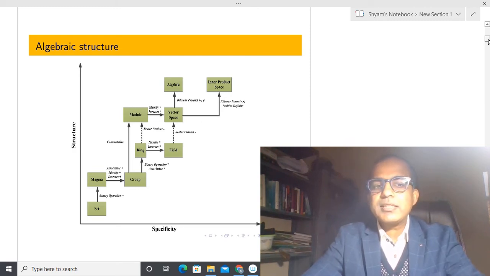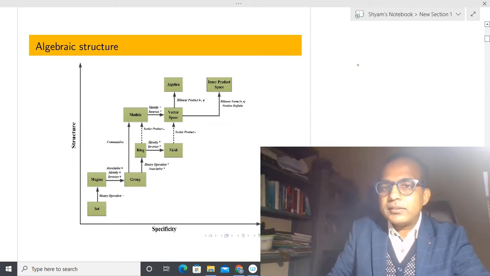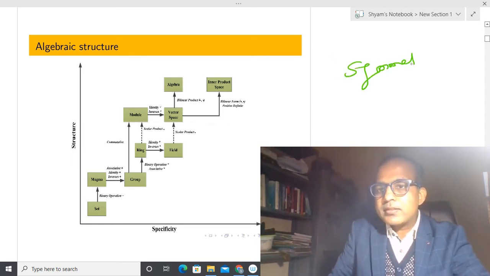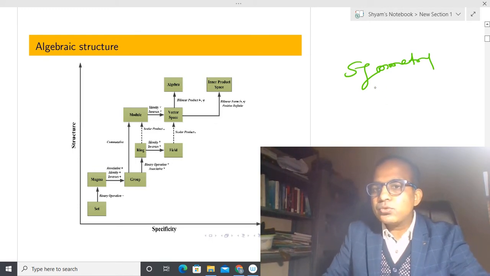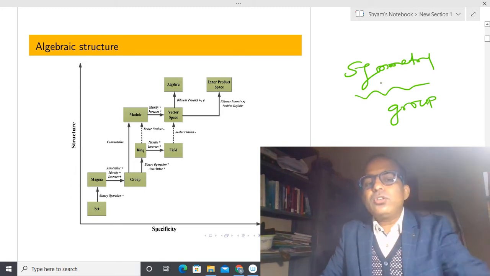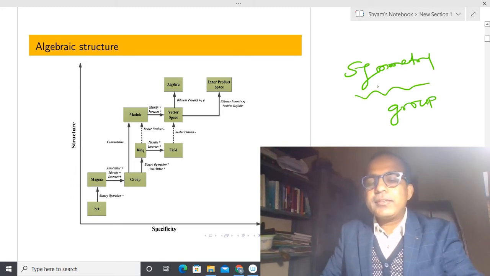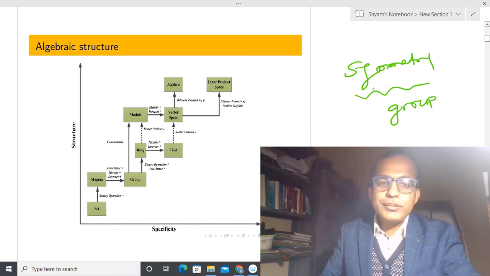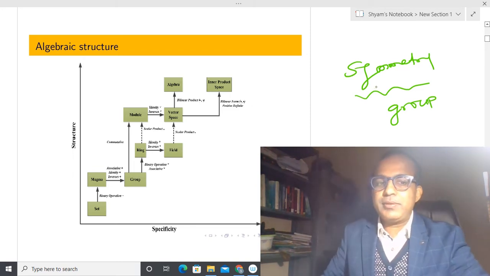In the previous class I told you that if there exists some kind of symmetry, then it is possible to show that the notion of group comes into the picture. You can also think like this: if I have some symmetry and I apply a symmetry on the symmetry, then it is possible to show that you again get some kind of symmetry.